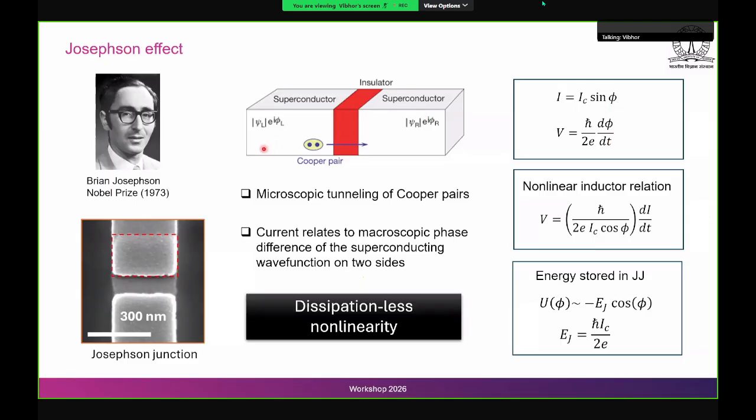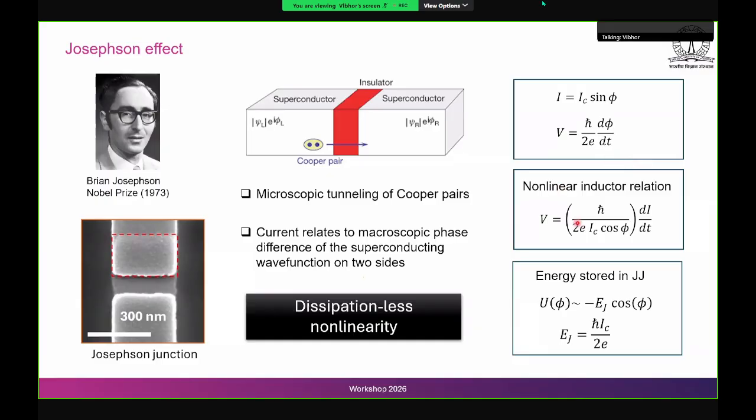So phi is the difference of phi left minus phi right. If we try to push current more than the critical current, this junction will also develop a voltage, which will be given by this. So it's h bar by 2e, and then the time rate of the difference of the phases on the two sides.